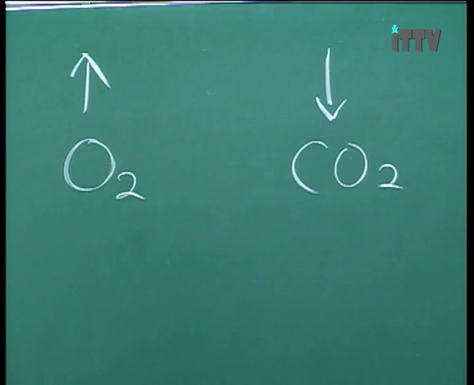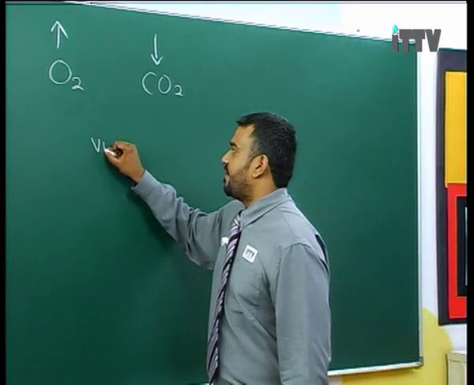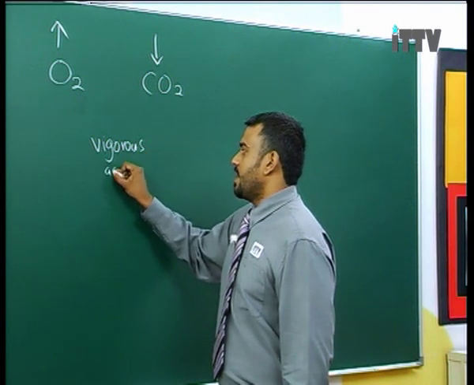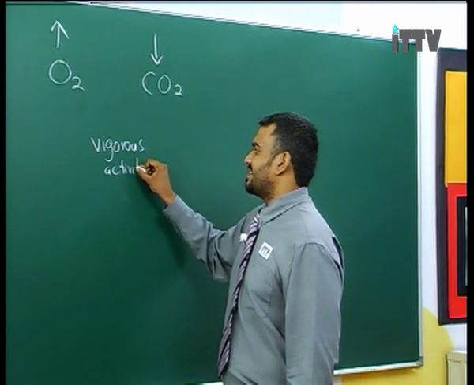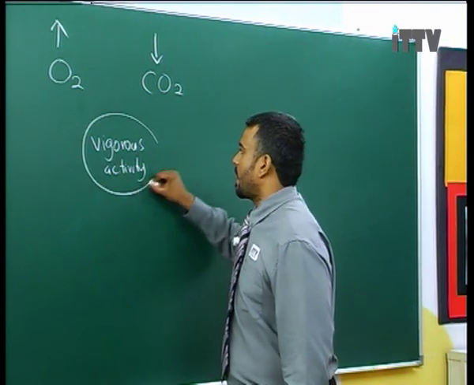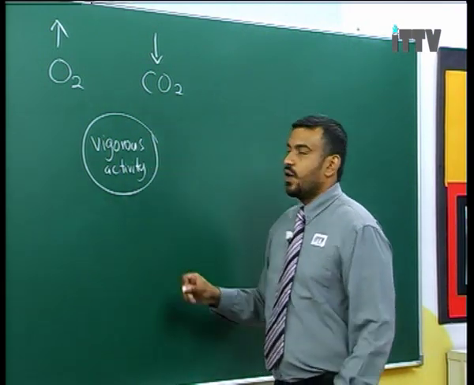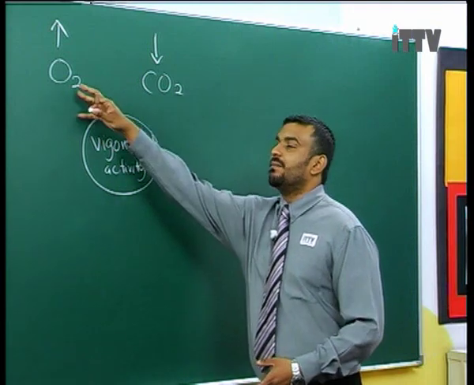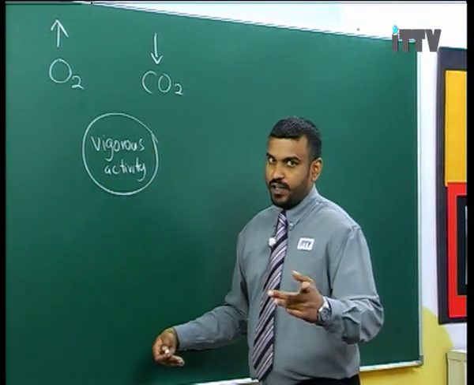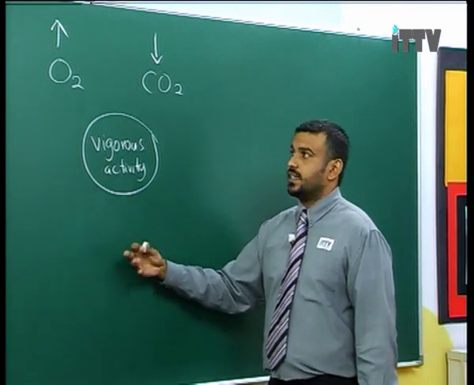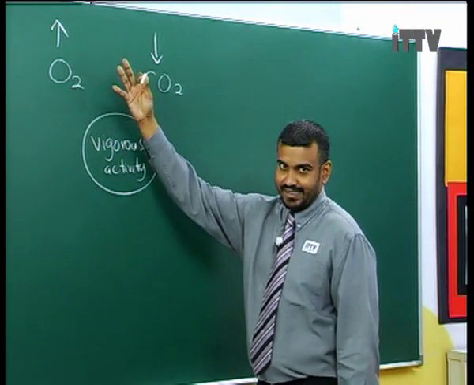But now say I am carrying out vigorous activity, such as running. So when I am carrying out vigorous activity, what happens is the oxygen demand in the cell increases, right or not? Good. Now, when cell respiration increases, the demand of oxygen increases.